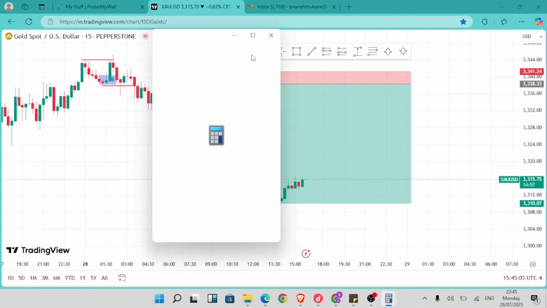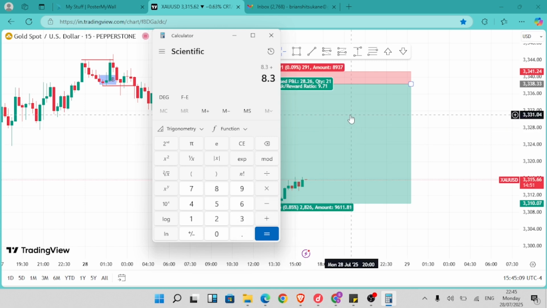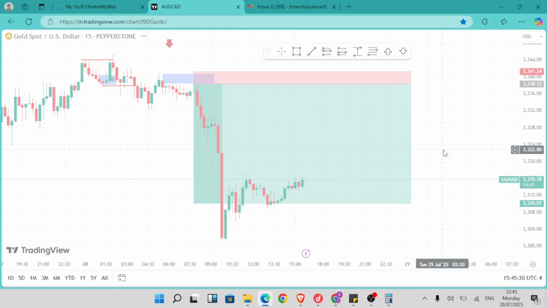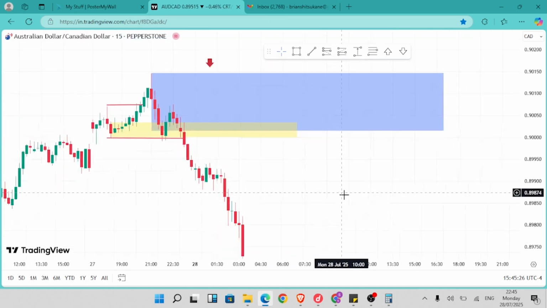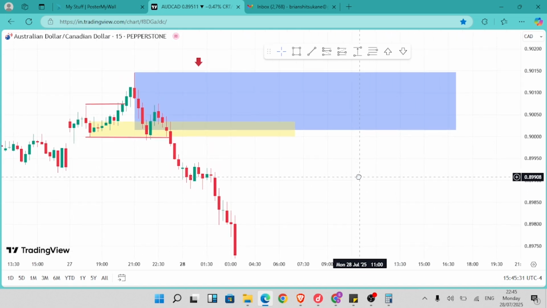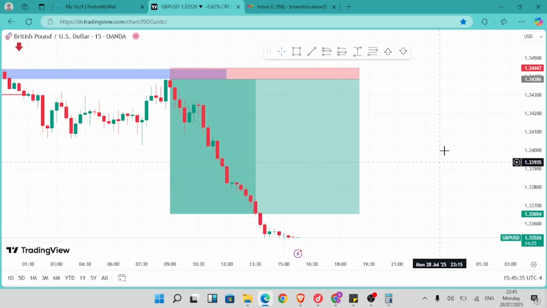Yeah, so pulling up our calculator, the first setup gave us 8.3, plus this one gave us 9.71, 18.01. We got the next. This is the one that didn't give us something to work with. Never gave us anything to work with, so no trade there.